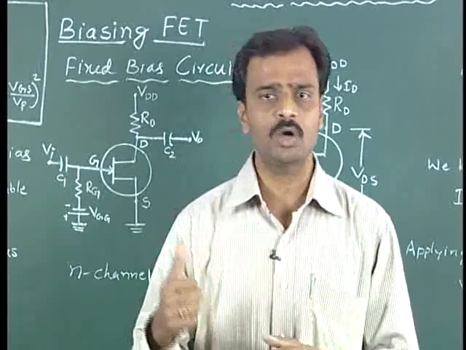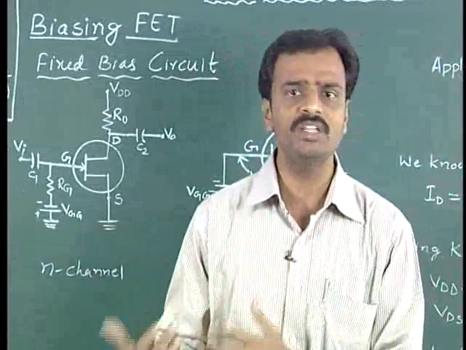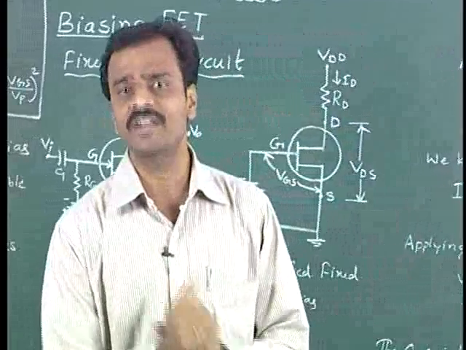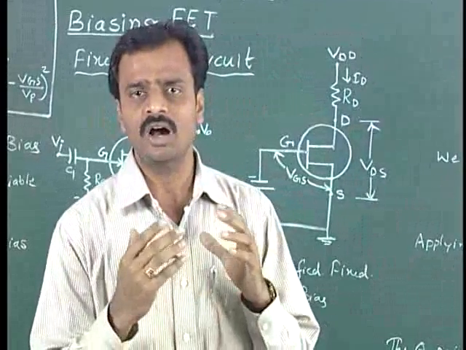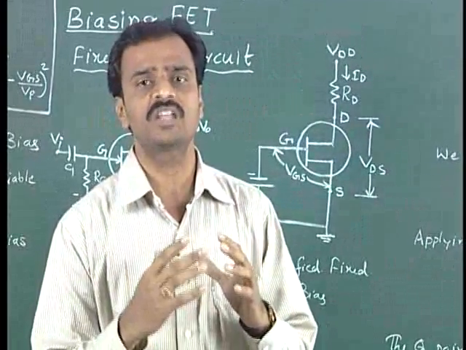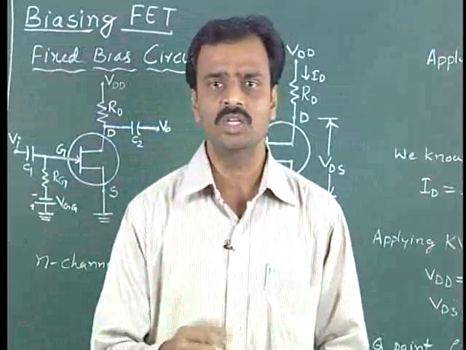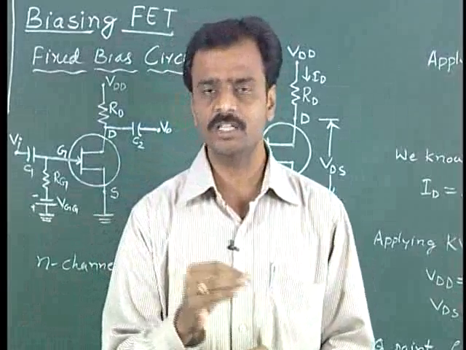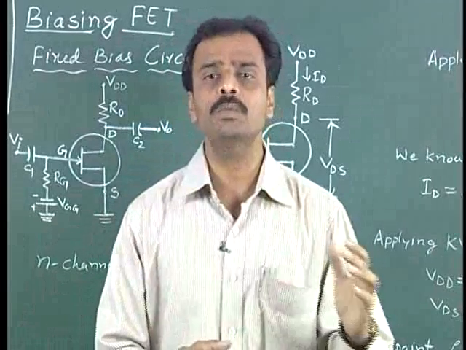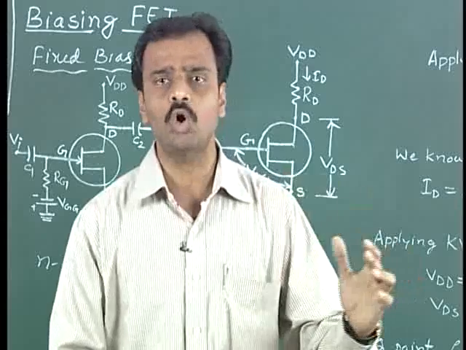In a similar fashion, in the case of field effect transistors, the output characteristics are the transfer characteristics, where the operating point can be maintained stable. This operating point is nothing but a stable output current at a stable output voltage.